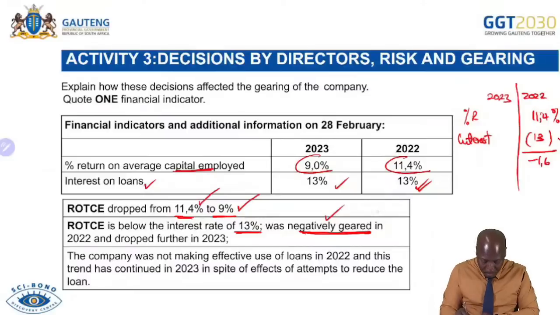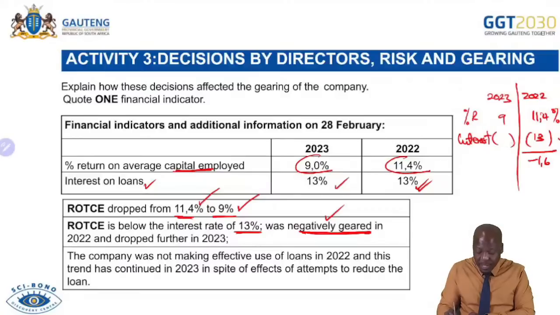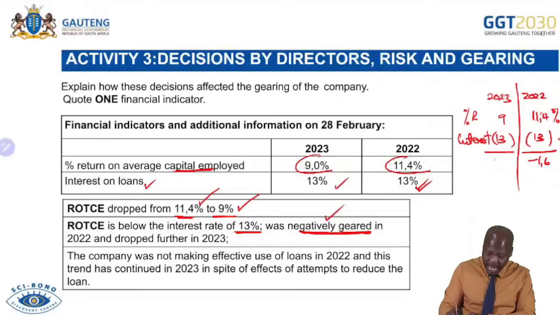We borrowed money, and in 2023, for every 100 rands that we borrowed, it was now giving us 9 rands. But the interest for every 100 rands that we borrowed is still 13 rands. That simply means we are now further negatively geared by 4 rand.